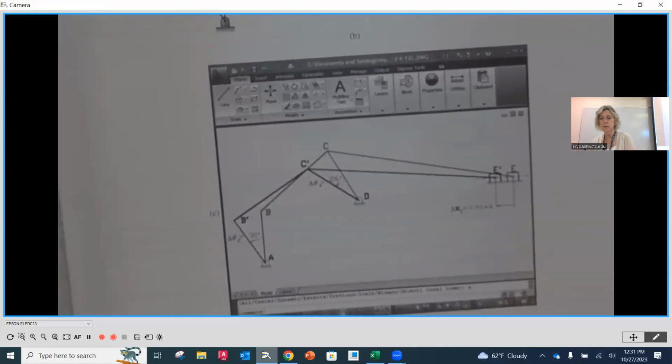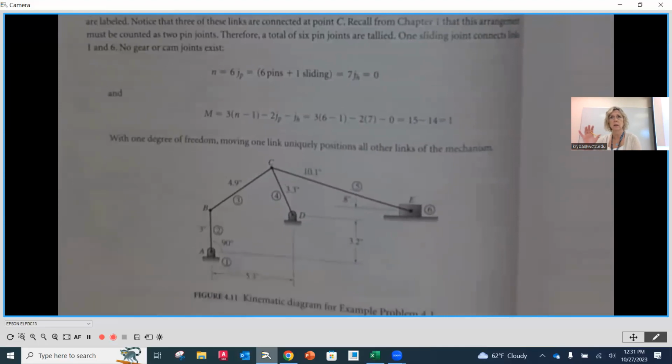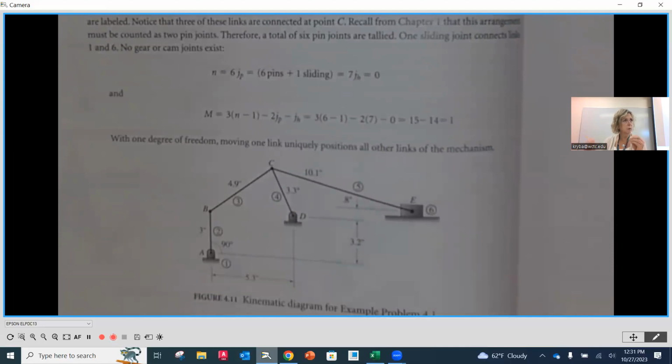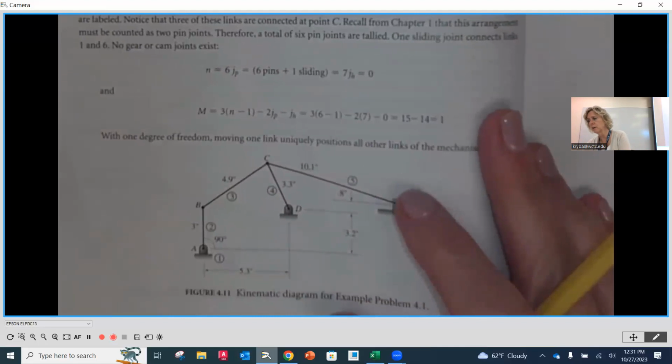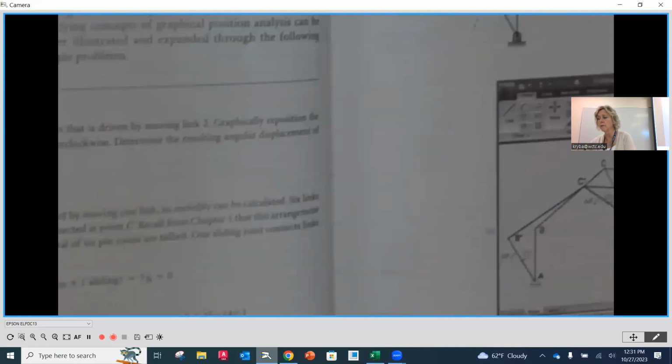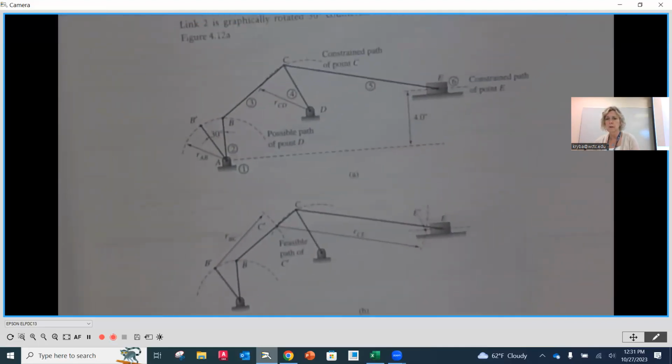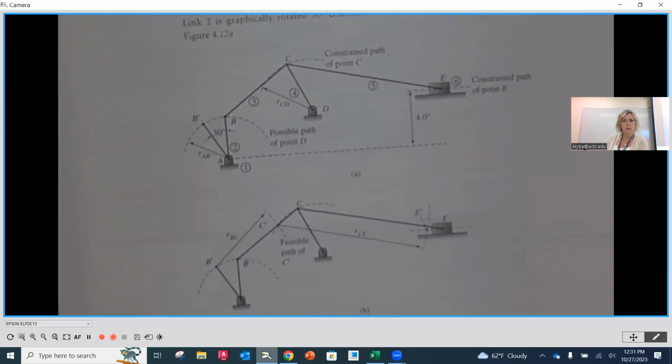Reviewing, we're first going to draw the initial free body or kinematic diagram using a snapshot in time. This is where we're going to be starting. Then per the problem statement, we're going to move that driver, or whatever sort of result we're looking for. We first determine the path of anything that is what they call a slave link, something that's going to come along with the driver as it moves.